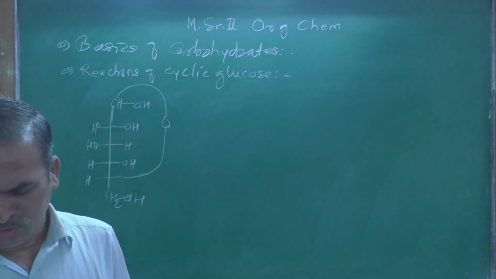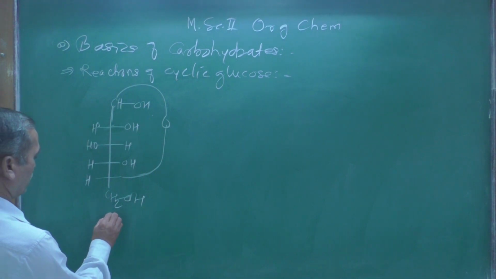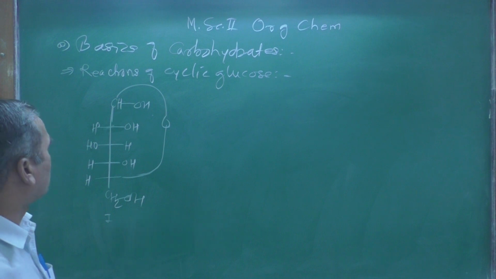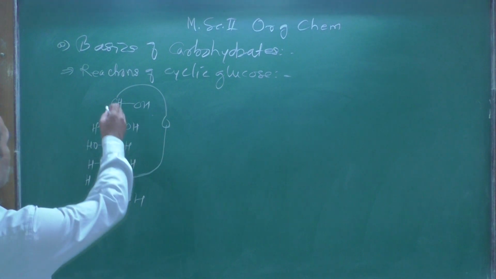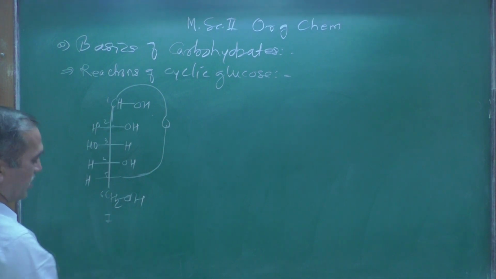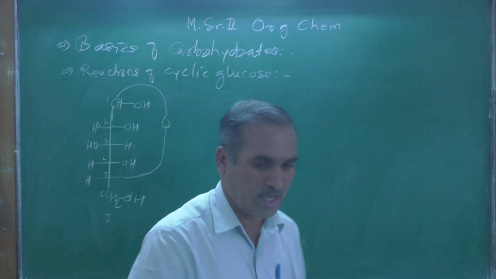In the next case, the hydroxyl group is on the left and hydrogen on the right. Here the hydroxyl group is on the right and hydrogen on the left. So this is structure number 4. This is the cyclic structure of glucose, with carbons 1, 2, 3, 4, 5 and 6, the 6 carbon atoms.